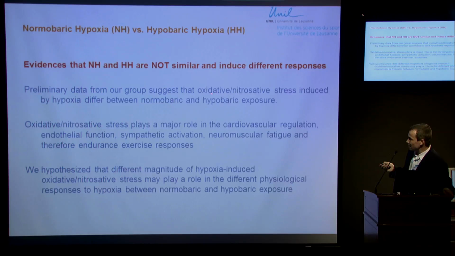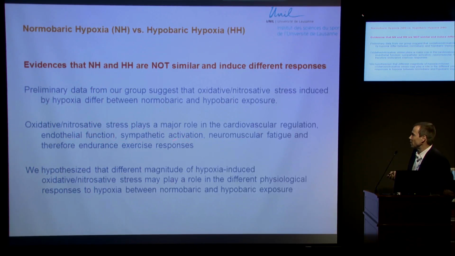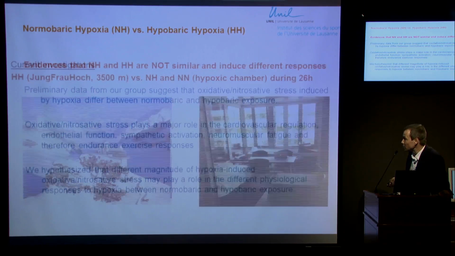Especially, we think that the differences that we found in terms of the oxidative and nitrosative stress can induce some difference in the cardiovascular, endothelial function, sympathetic activation, and so on, and potentially in the endurance exercise responses. We hypothesize that this difference in oxidative and nitrosative stress plays a major role in the differences observed between the two hypoxic conditions.